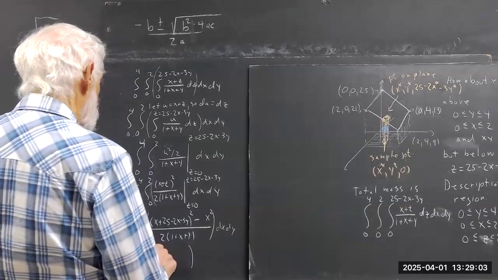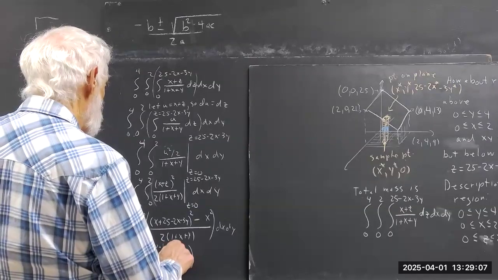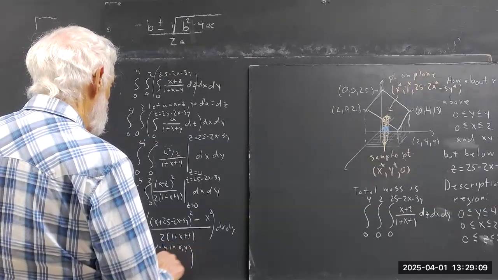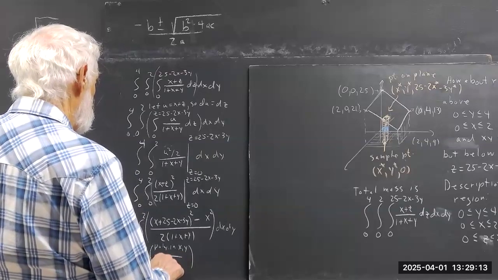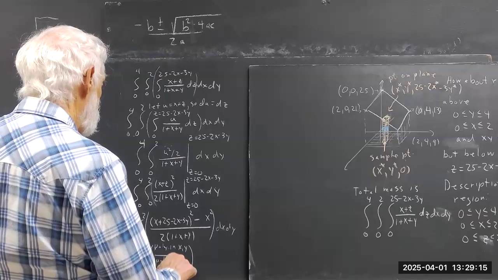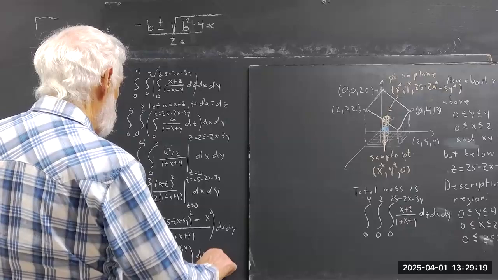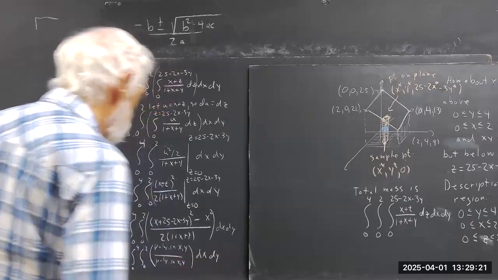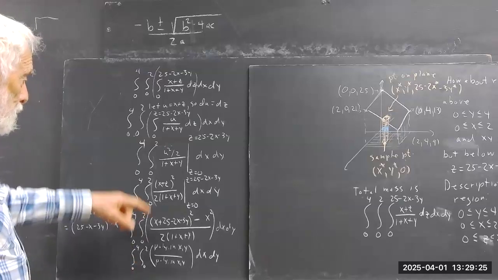But what you're going to get is a polynomial in x and y over another polynomial in x and y, to integrate with respect to x and then with respect to y. z's gone.